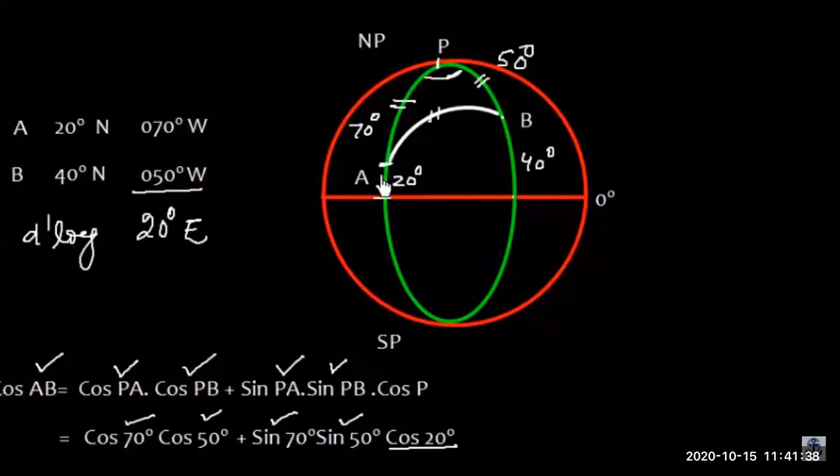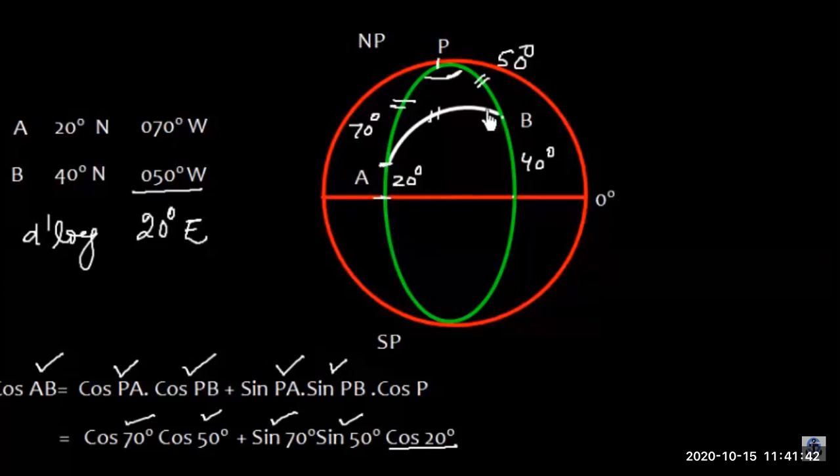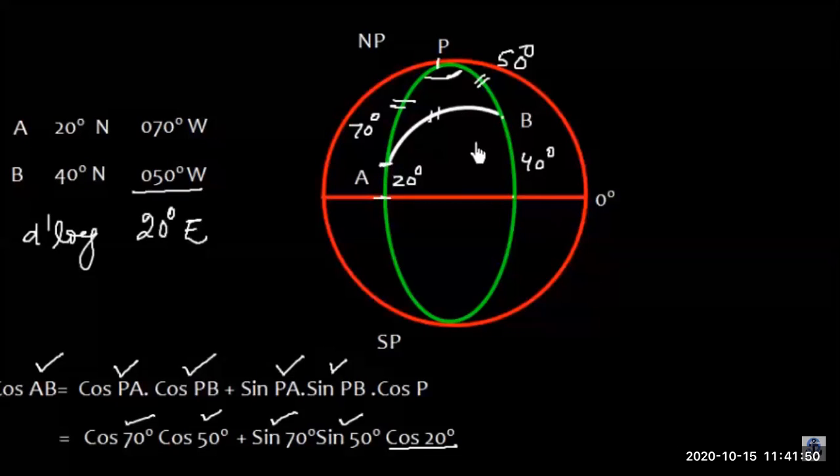So this is the D long, 20 degrees. From 70 degrees west we are going to 50 degrees west, that is 20 degrees east, so we are going in an easterly direction.